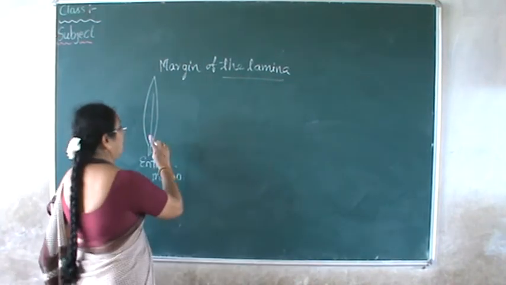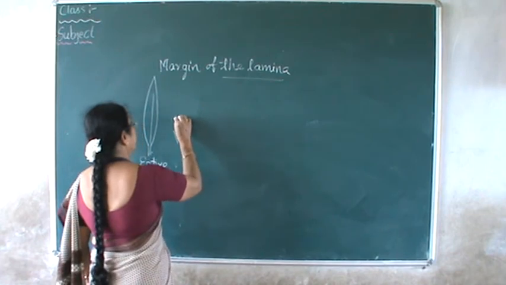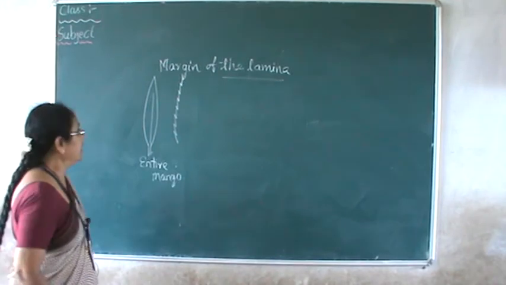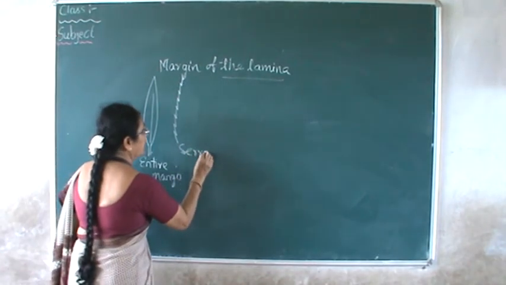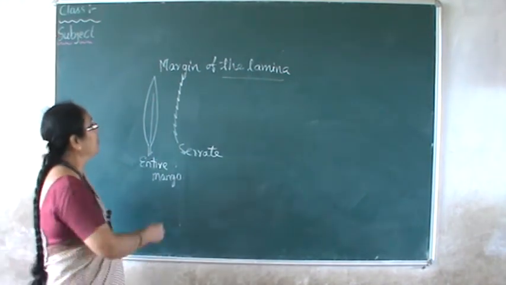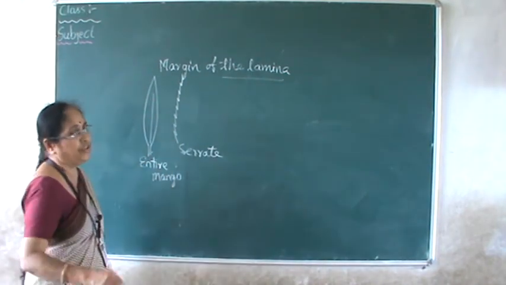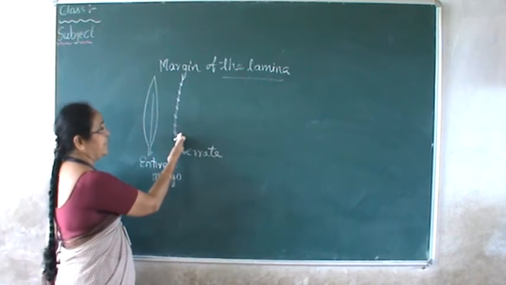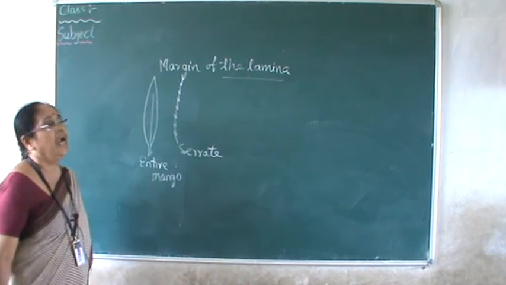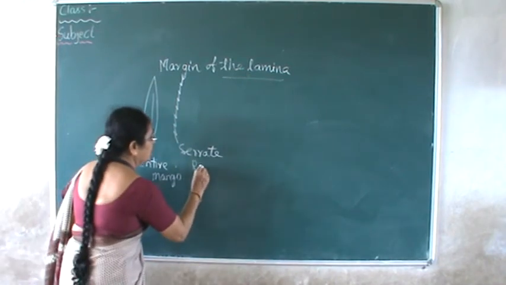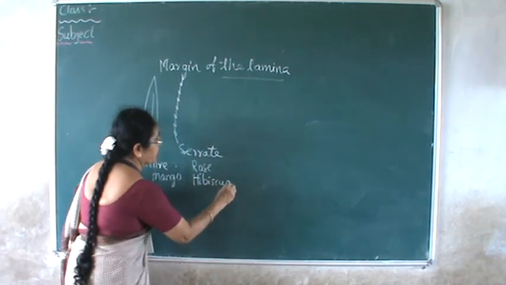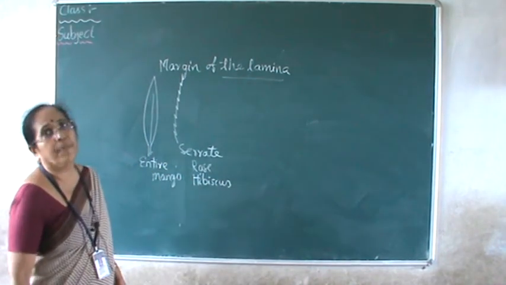And if the leaf margin is like this, with several incisions on the margin, then it is to be called serrate. Only at the margin you have to check whether it is smooth or like this. If it is like this, you have to describe it as serrate. This is found in rose, or in hibiscus, you can describe it as serrate. It is a serrate type of margin.